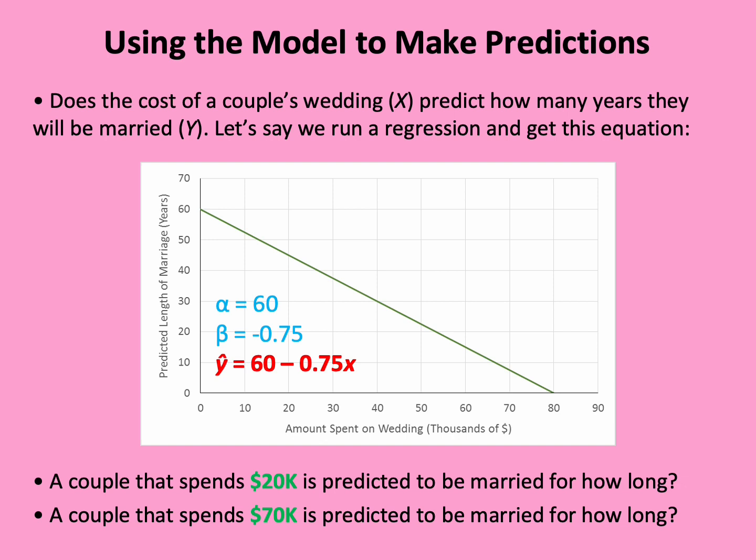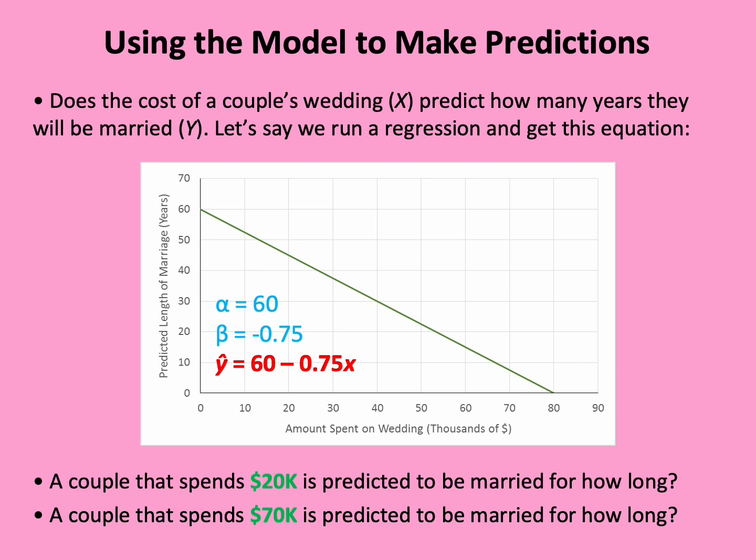Our equation is y hat equals 60 minus 0.75. Basically, we can predict how long a given couple will stay married given the value of x, which is how much money they spend on their wedding.